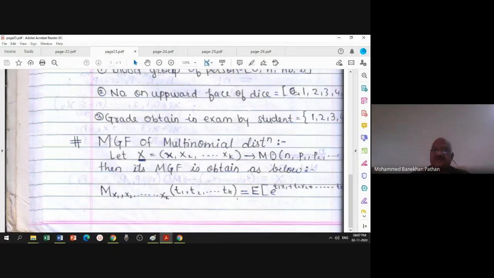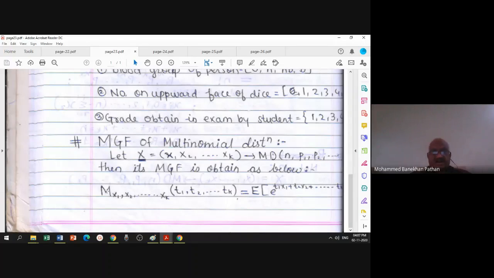See how to develop the MGF of the multinomial. Let X vector equal to (X1, X2, ..., Xk), a k-dimensional vector, follow multinomial distribution (n, p1, p2, ..., pk). Then its MGF is obtained as below.